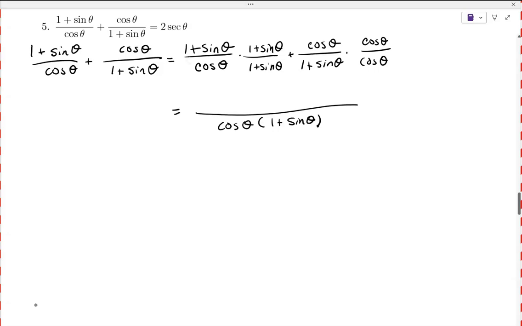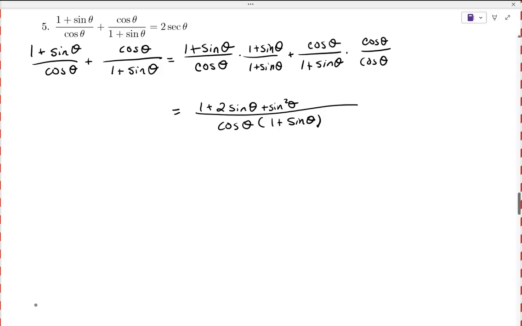What do you get when you multiply out the numerators in your first fraction? Well, I got 1 plus sine theta plus sine theta plus sine squared theta plus cosine. Yeah, you combine the sine thetas and you get sine squared when you multiply the other two together, right?